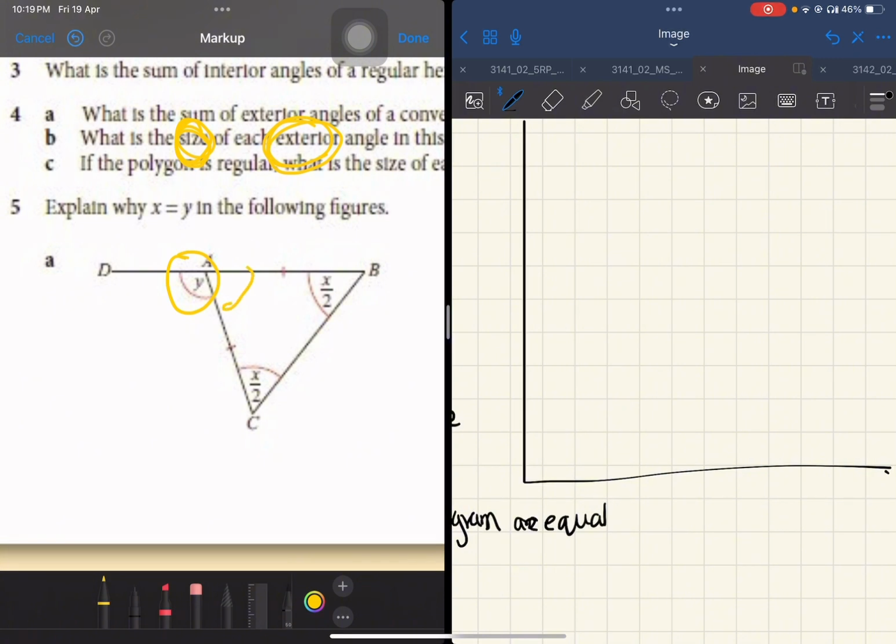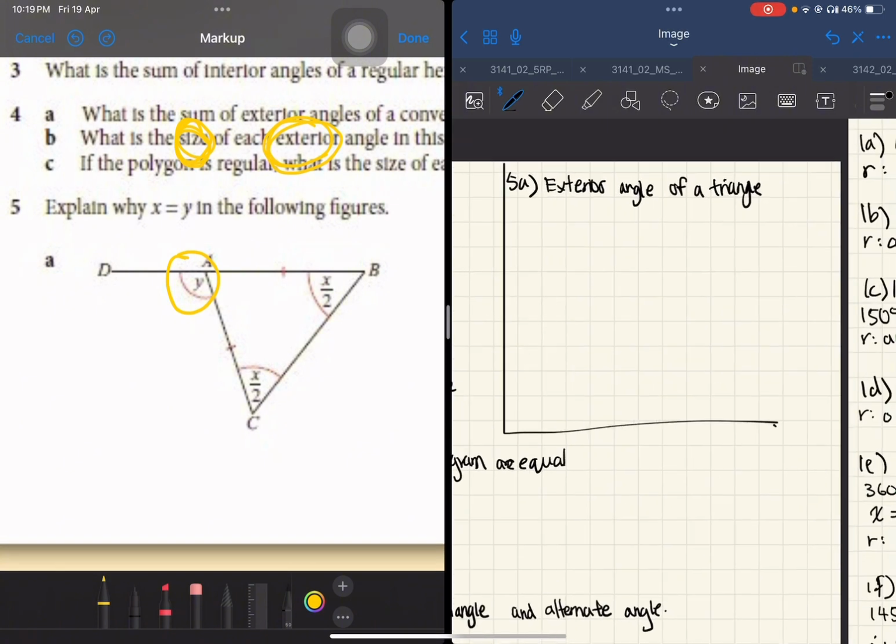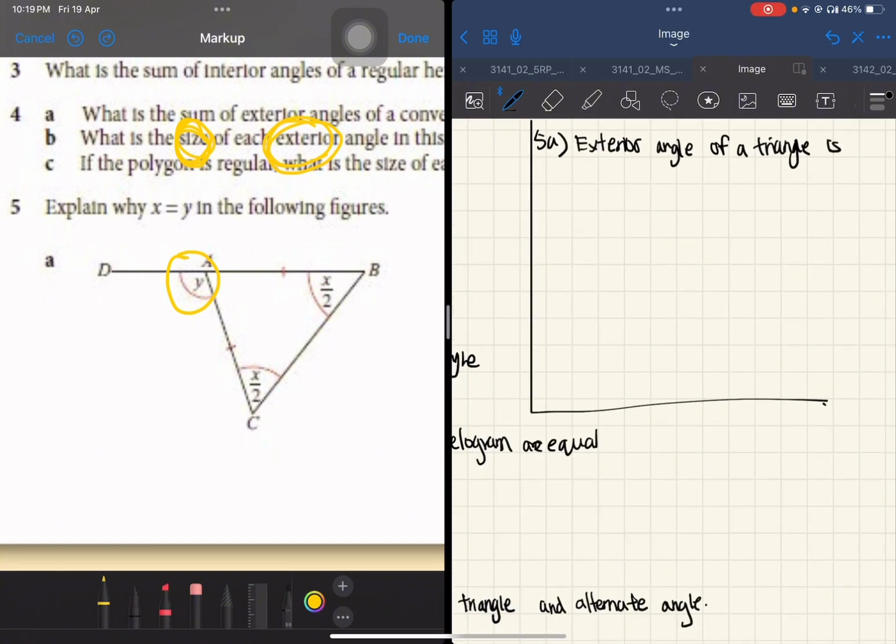And if you recall from year 7, you will remember that the exterior angle of a triangle is equal to the sum of the two opposite interior angles.